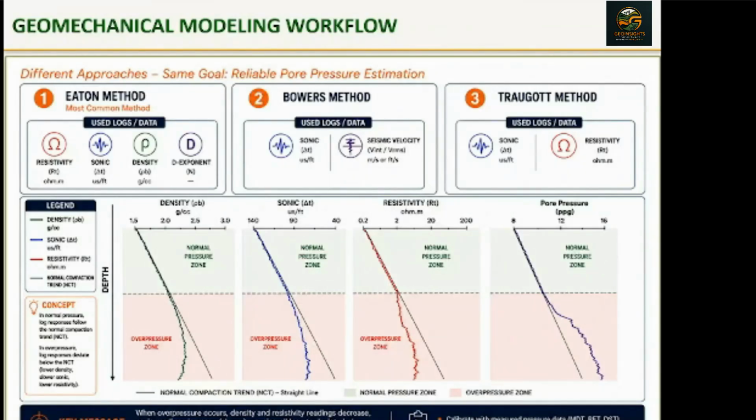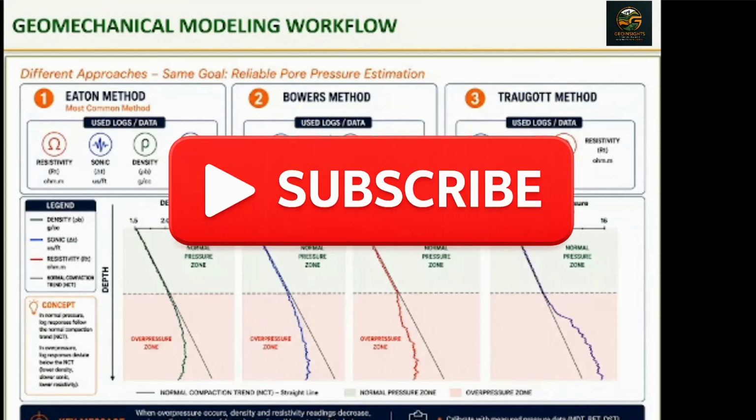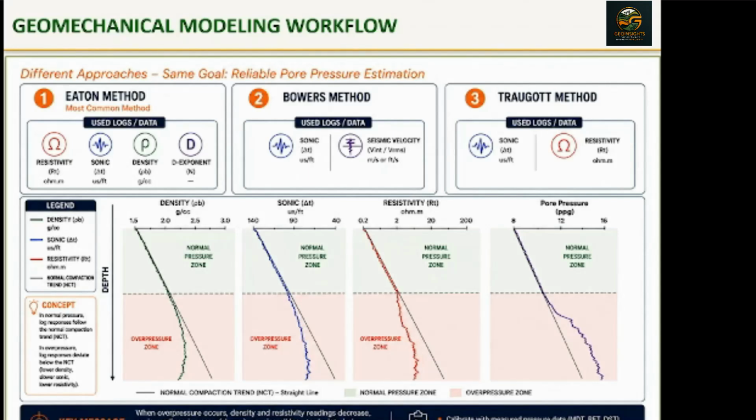And any deflection from this straight line will be considered an overpressure zone. What does it mean? It means that you are considering that you have a continuous and uniform compaction trend from the surface until the TD of the section itself, and based on the compaction trend of the shales, you will draw a normal compaction trend, showing you a consistent compaction trend.